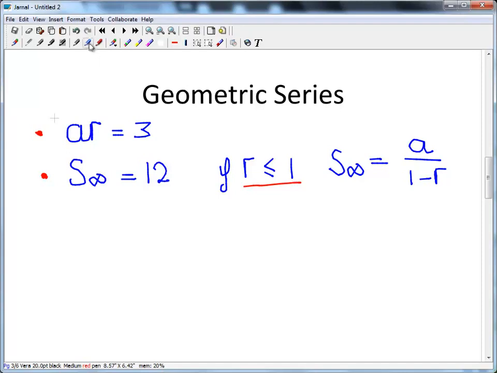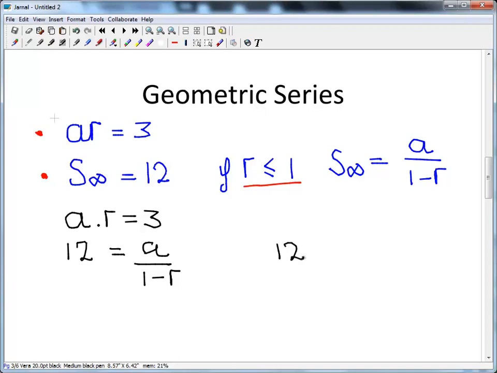Now let's write them out again. a times r is equal to 3, and 12 is equal to a over 1 minus r. Rewriting the second expression, 12 times 1 minus r is equal to a.